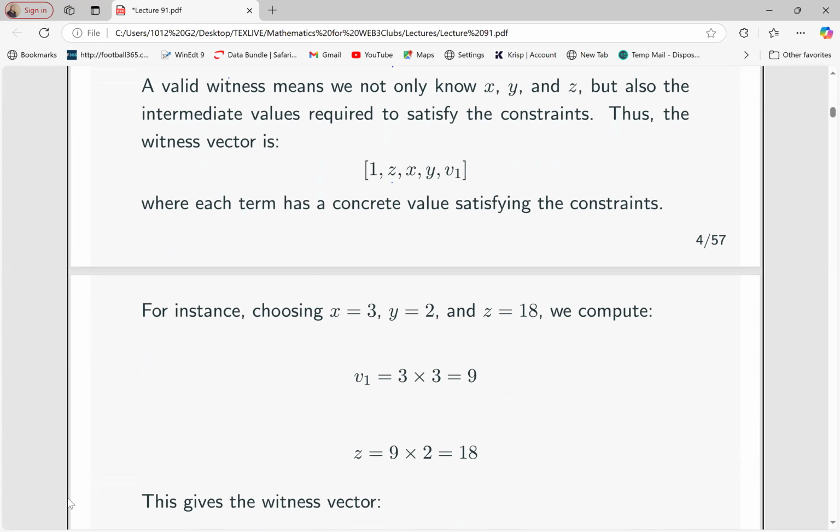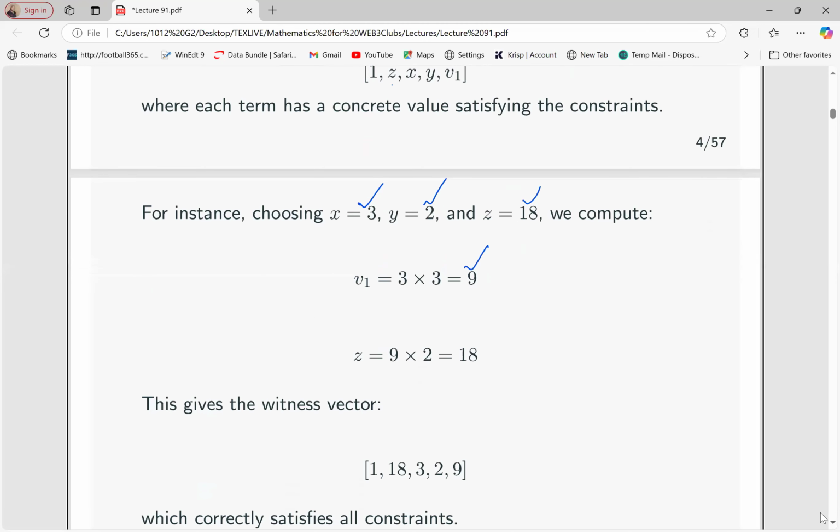So I ask this person to show me he knows what Z is, and he tells me X will be 3, Y will be 2, Z will be 18. Then he tells me what V1 will be, and it's now upon me just to go through the calculations and see whether what he has given me makes sense. Every time you ask him again, he gives you other values. They are just randomly generated values that he then gives you.